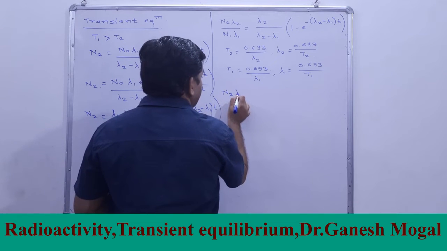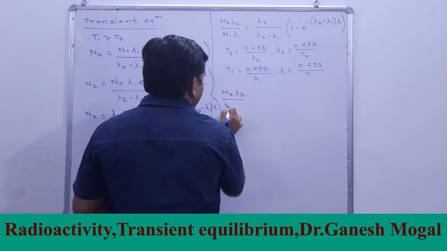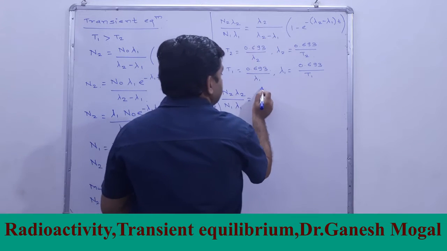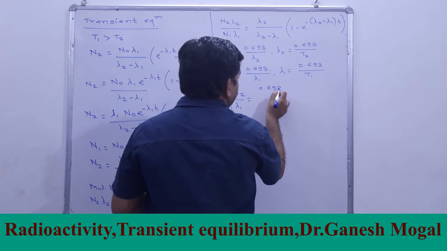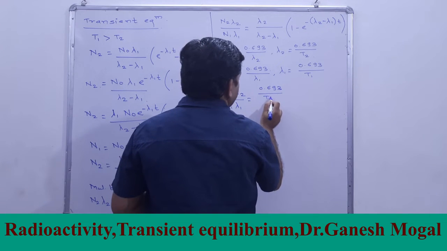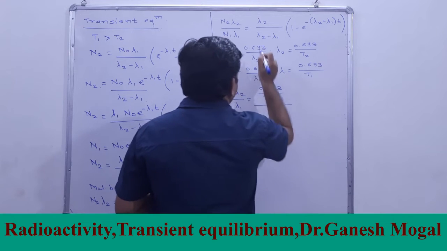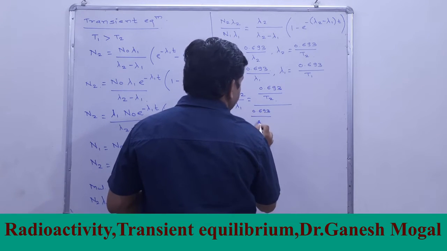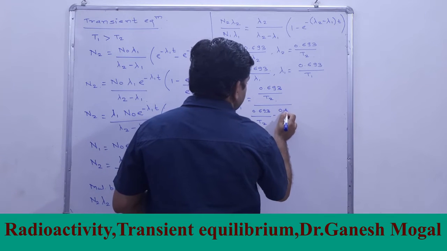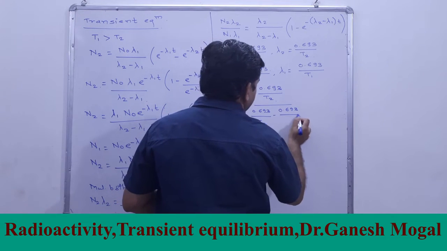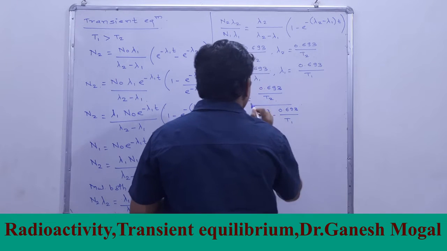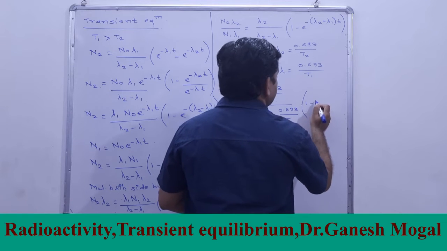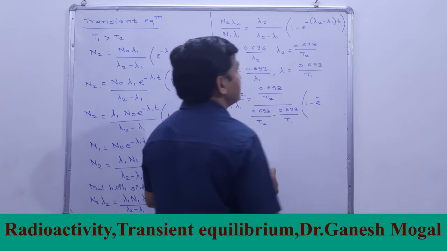When we put these values in this equation, we get N2 lambda 2 upon N1 lambda 1 equal to 0.693 divided by T2, divided by 0.693 divided by T2 minus 0.693 divided by T1, into 1 minus e raised to minus.